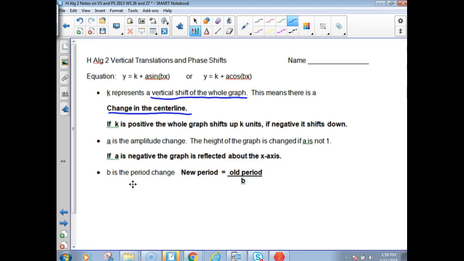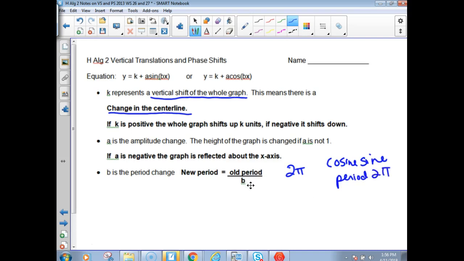B is the period change. To get the new period, if there is a B value other than 1, you take the old period, which is normally 2 pi for cosine and sine. I guess I got to write the whole word. Cosine and sine, the period is normally 2 pi.